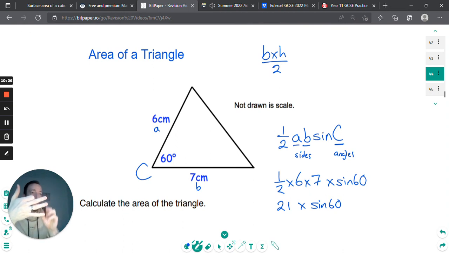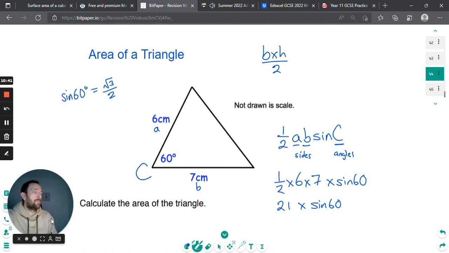We have got 3 fingers below the 60 finger, so it's going to be root 3 divided by 2. I've taught a lot of you this in period 6 and in class. So sine 60 is root 3 over 2, so it's going to be 21 root 3 over 2. We would leave it there because it is a non-calculator question.